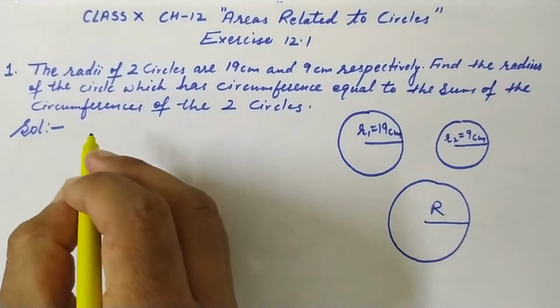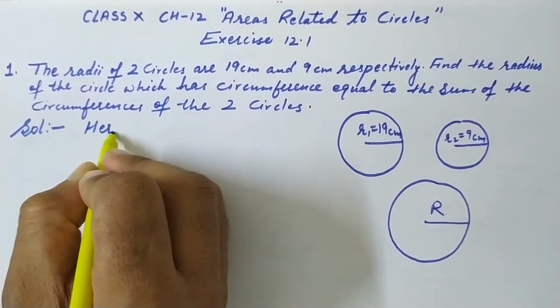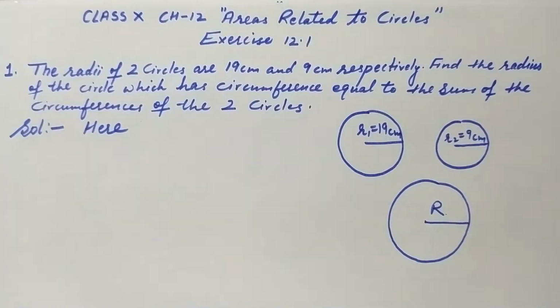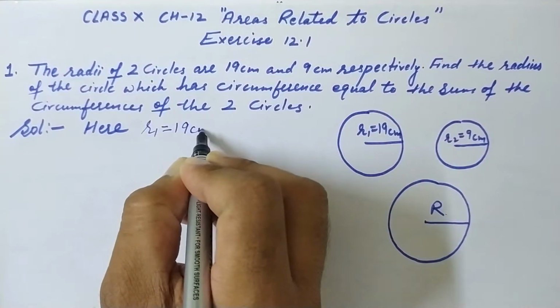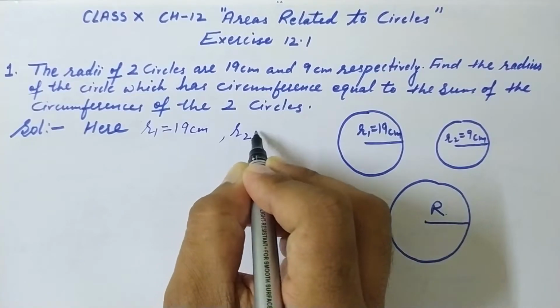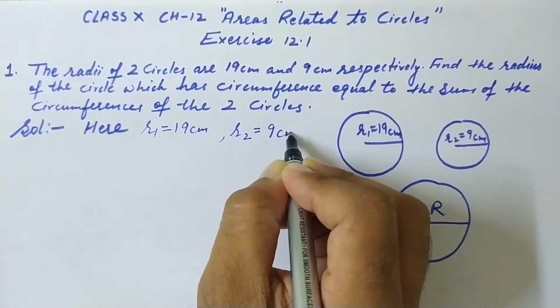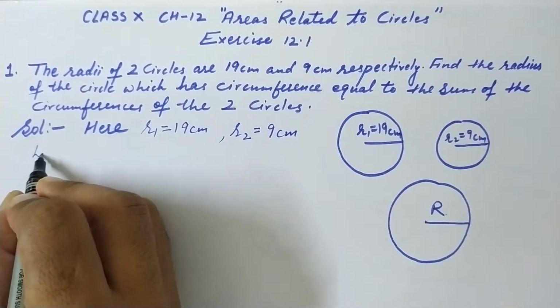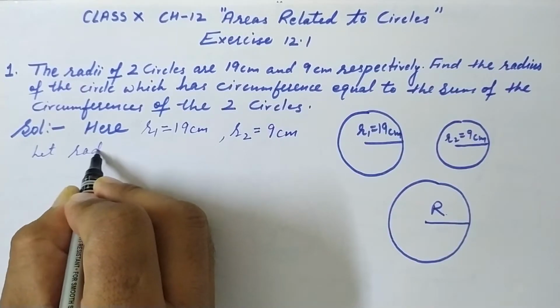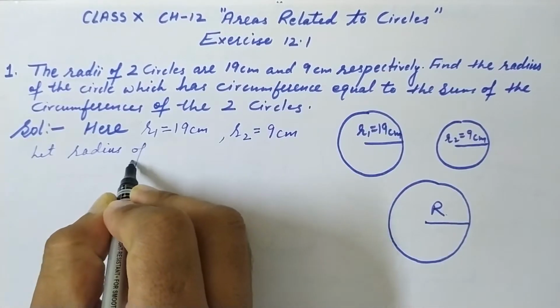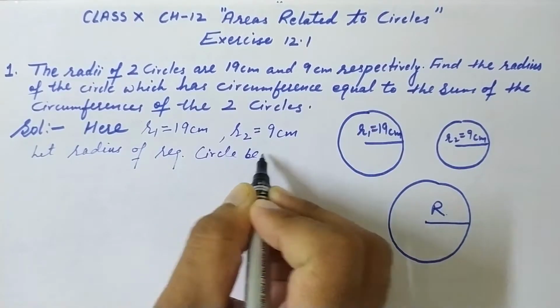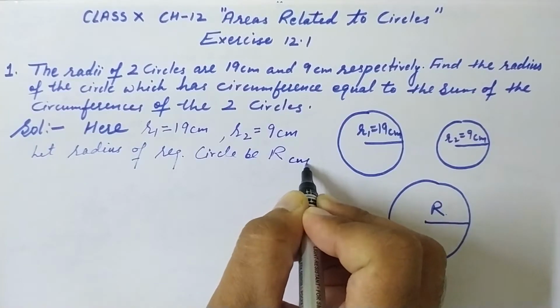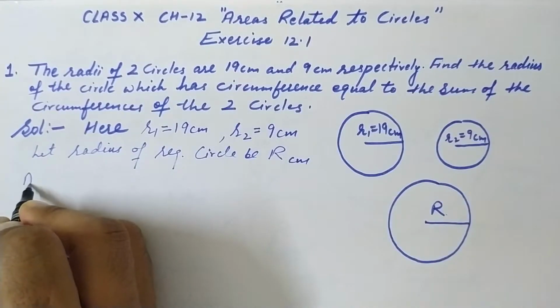So first of all we'll write here: R1 is equal to 19 centimeter, R2, the radius of the second circle, is 9 centimeter. Let the radius of the required circle be R centimeter.